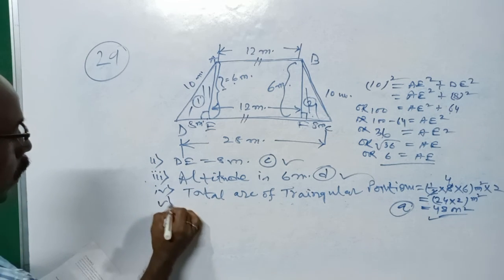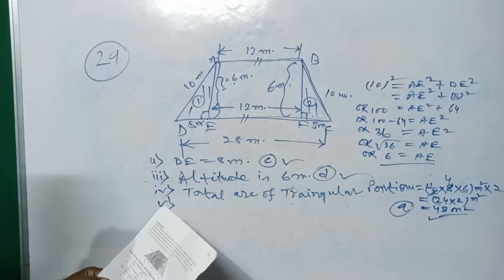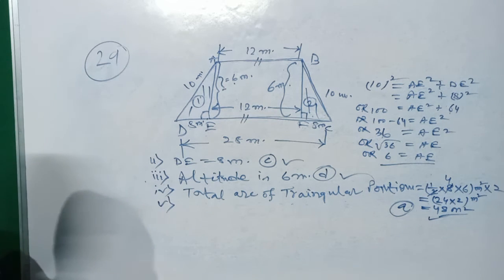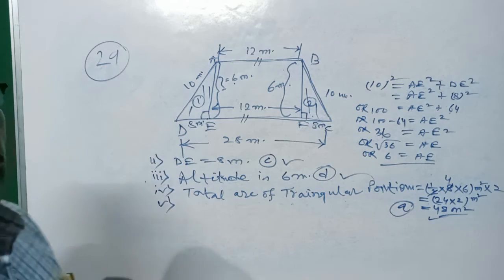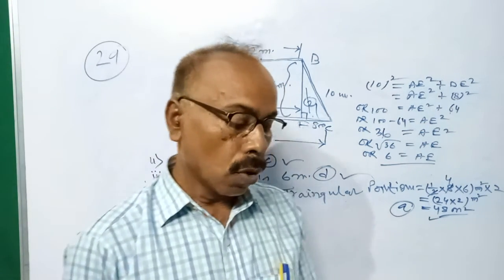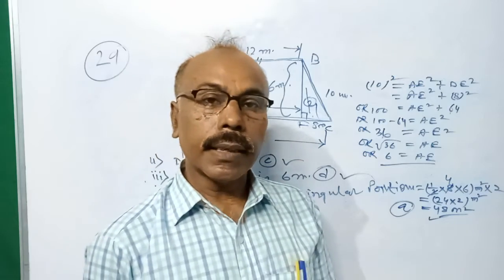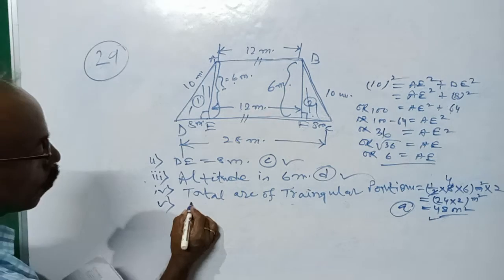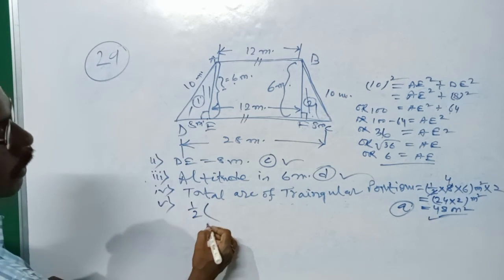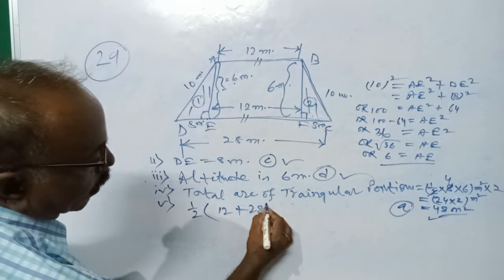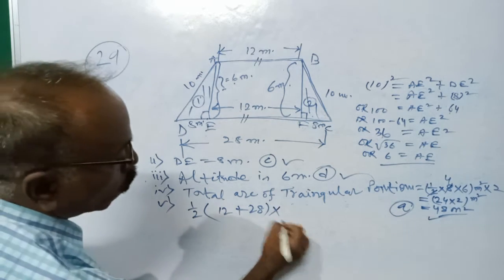Similarly, in question 5, what is the area of the trapezium? My dear student, you know the area of the trapezium has a formula: half into the sum of parallel sides into height. Am I clear? Half of parallel sides means 12 plus 28 into height.